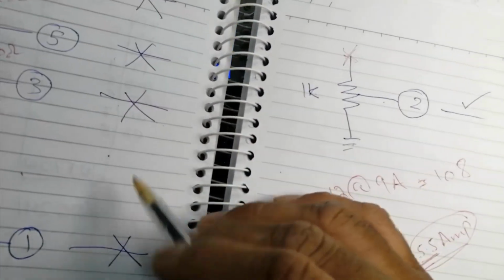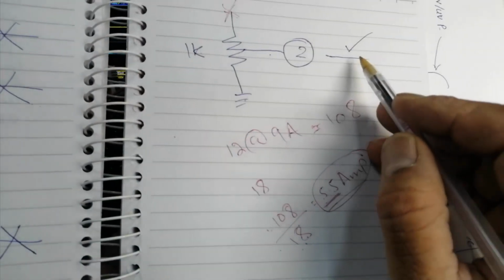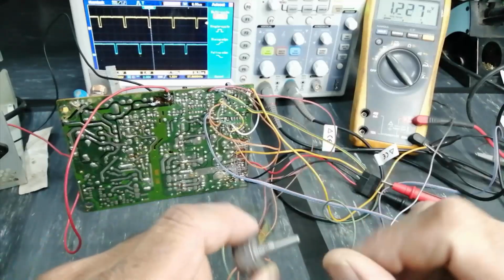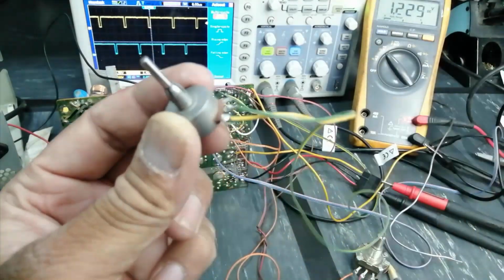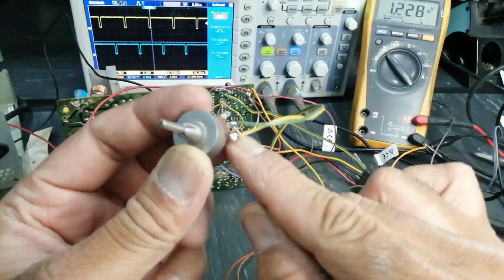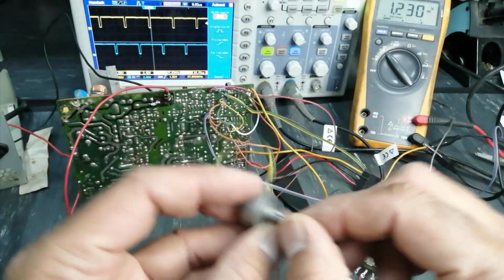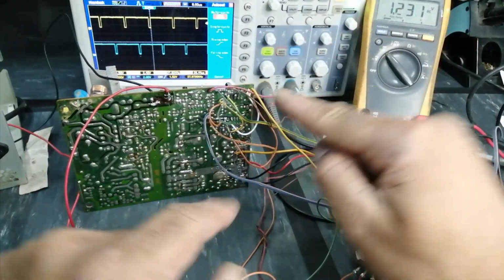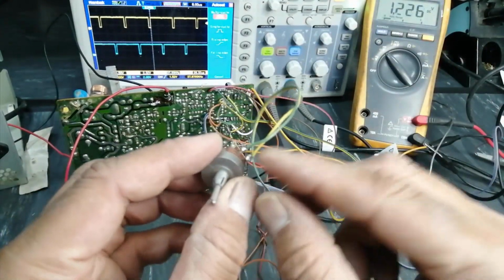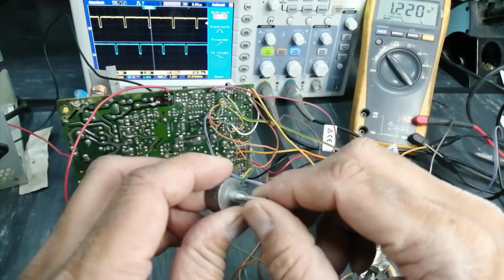Pin number 1 removed, 3, 4, 5 removed, pin number 2 is the same. This potentiometer is 1K variable. So I connected it to pin number 2 and ground. The center tap pin is connected to pin number 2.